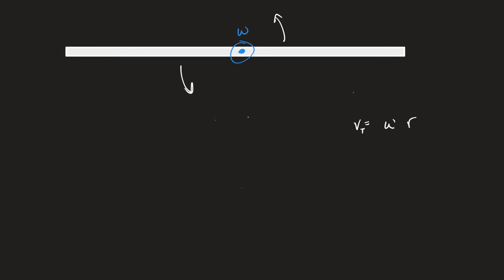Okay? I want to pick 3 different pieces of this object. I'm going to say that there's a piece here, a piece here, and a piece over here. 3 distinct pieces of the object.